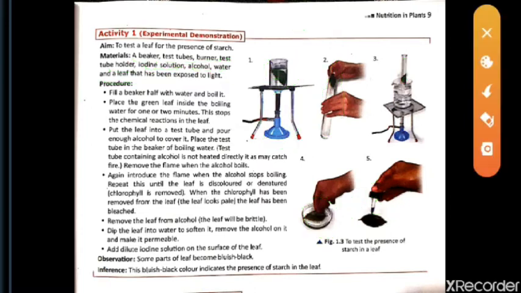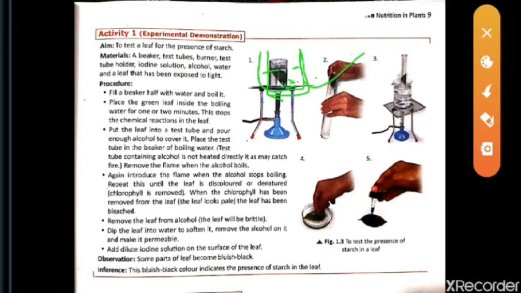So take a fresh leaf, take a beaker, add some water and dip the leaf in it, and place it over the fire, that means light the Bunsen burner and put it on top. Now it will start boiling. After the boiling, take out the leaf.